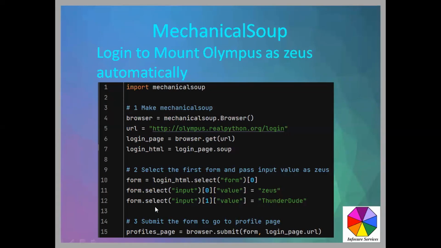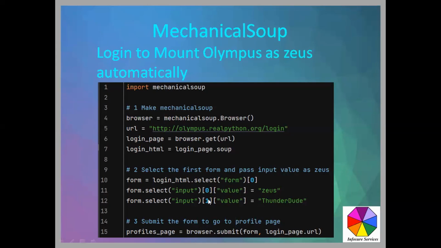Through code, we are saying browser.submit. This browser object is now letting me log in and hit the submit button on the form with this code. And then the profile page shows up.